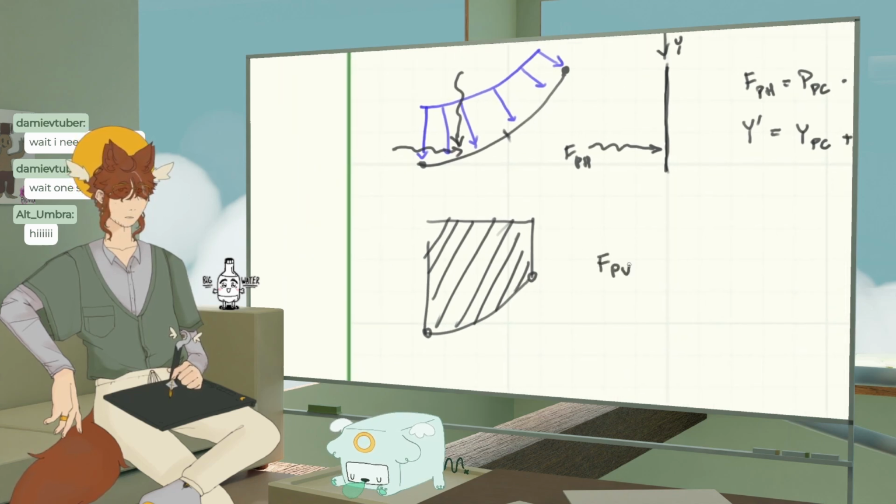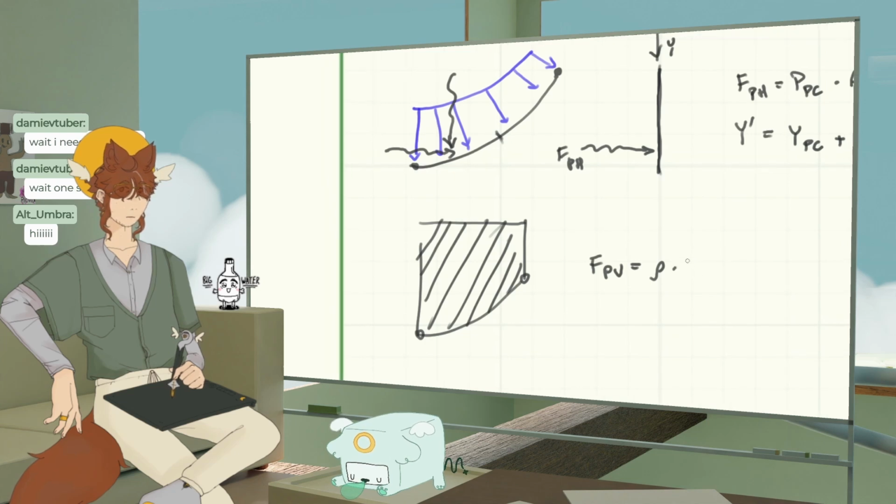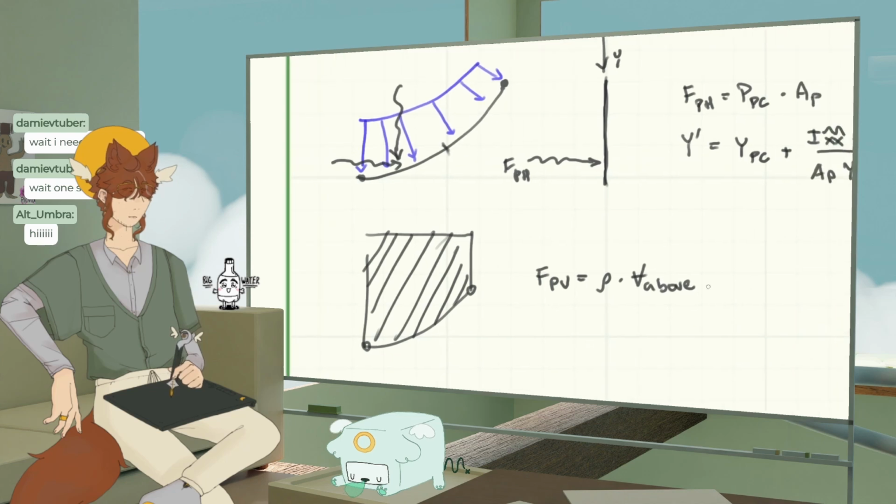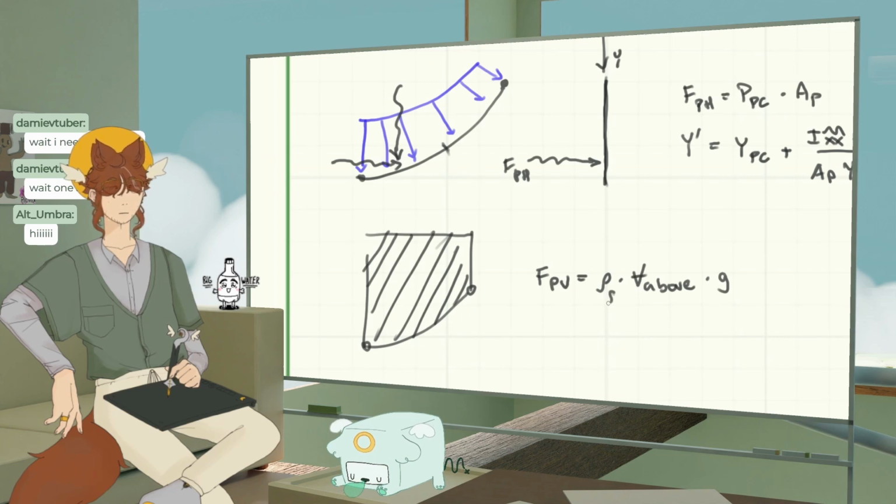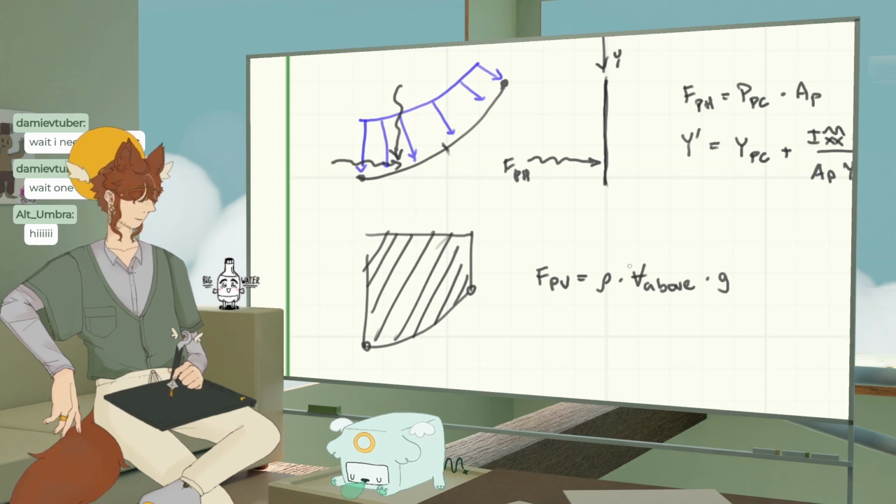So our FPV equals the density of the fluid times the volume above of the fluid. Density times volume is going to be mass, and then times g. Yeah, the weight of the fluid. I don't think I need to put a subscript on rho.